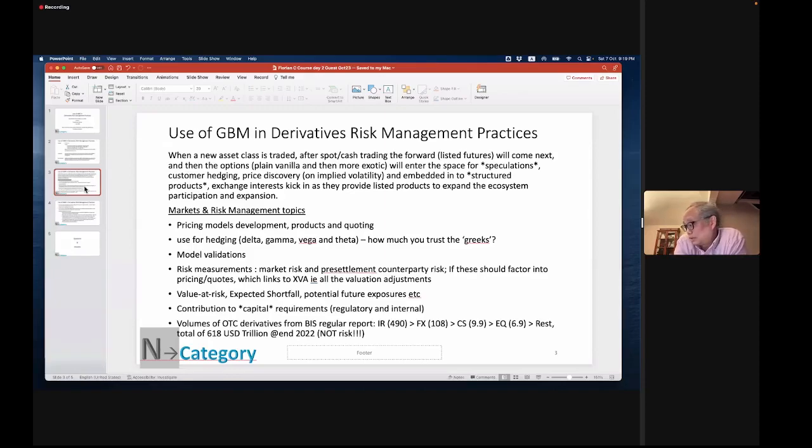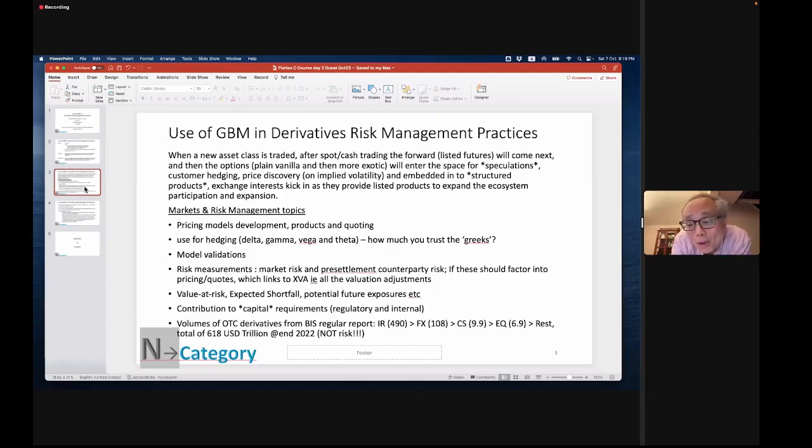This one is for last year, so it gives you a sense from the end of 2022. The total nominal value of interest rate derivatives is $490 trillion US dollars, FX 108, credit derivatives 9.9, equity 6.9, and then the rest could be commodity, etc. So the total is 618 US dollar trillion.